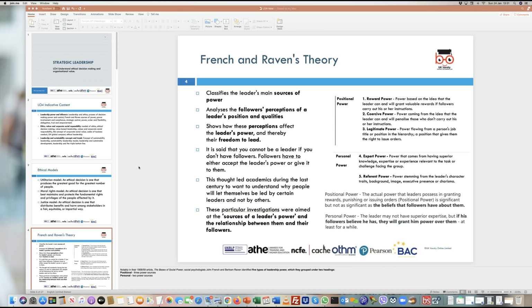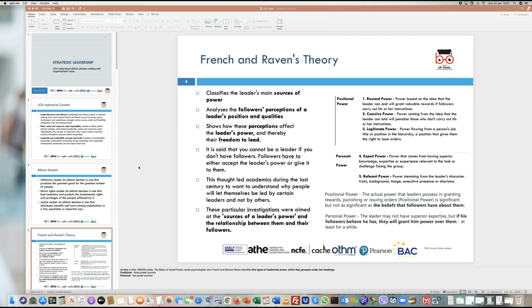When I say reward power, what your manager is trying to do is reward you for showing certain characteristics or behavior in the organization. For that behavior, the leader rewards you with additional responsibility or work, which allows you to differentiate what you do from your colleagues or peers within the organization.